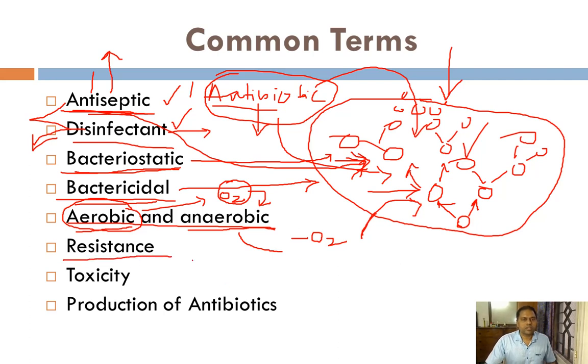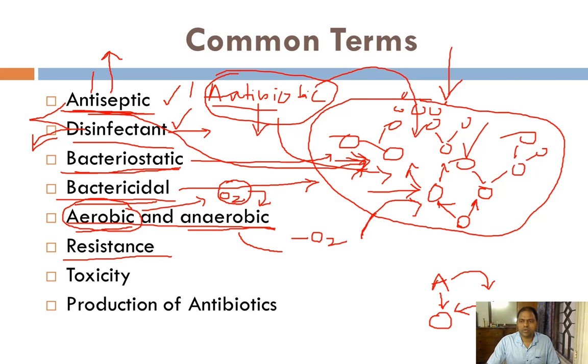Then resistance. These bacteria can show resistance to the antibiotics. Suppose you have used one antibiotic against one bacteria. Next time you use the same antibiotic on the same bacteria, it may not work. The bacteria might have undergone some changes, genetically, depending on its last experience.